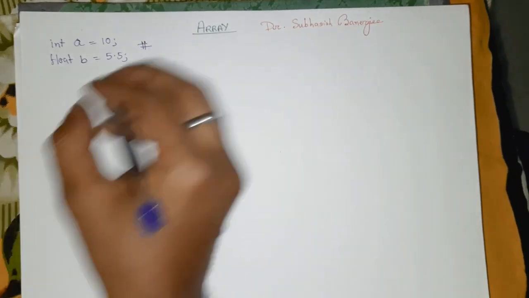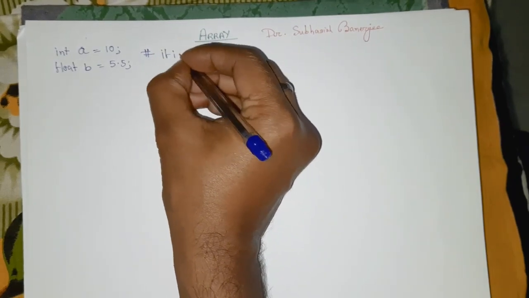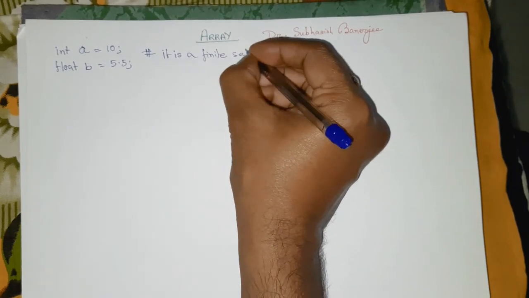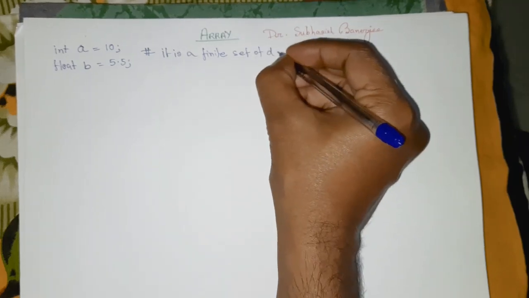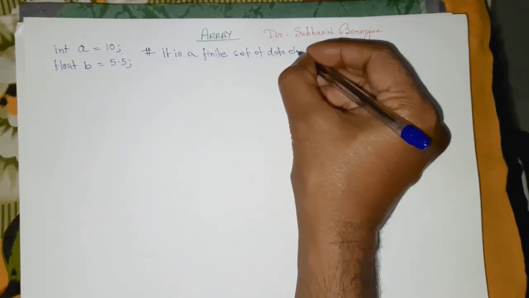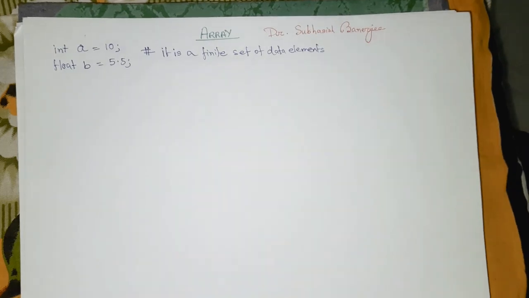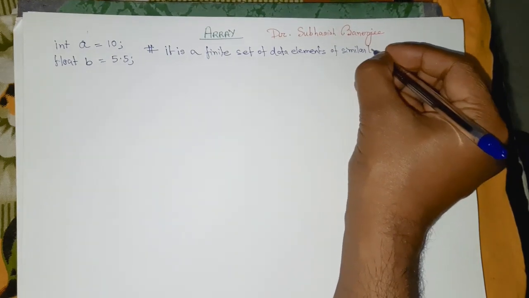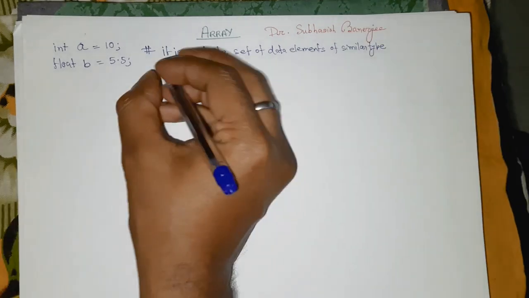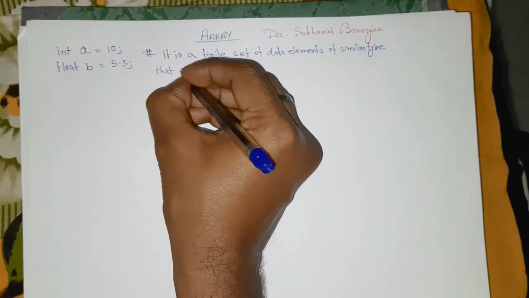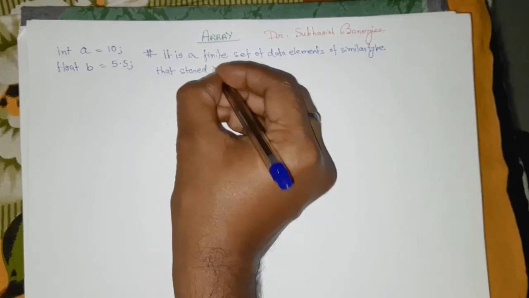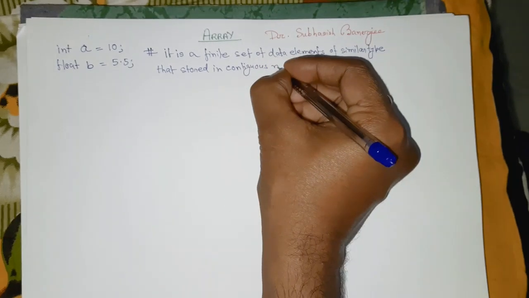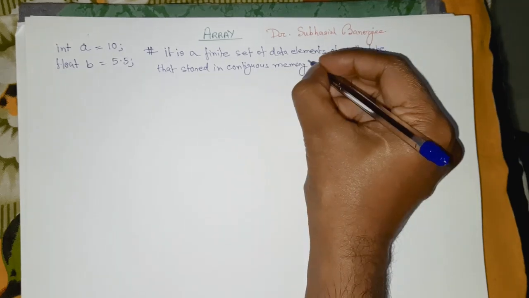An array is nothing but a finite set of data elements of similar type, or homogeneous type, that are stored in contiguous memory locations.